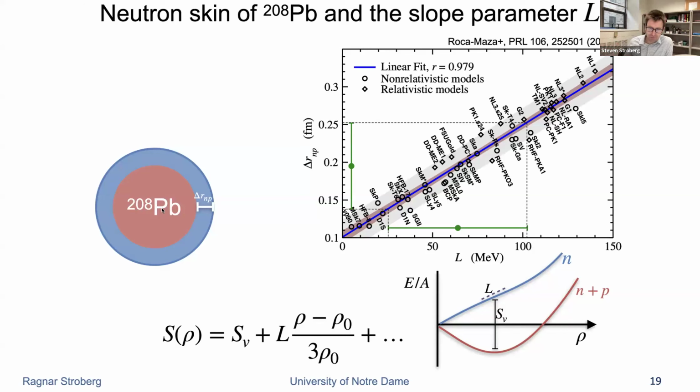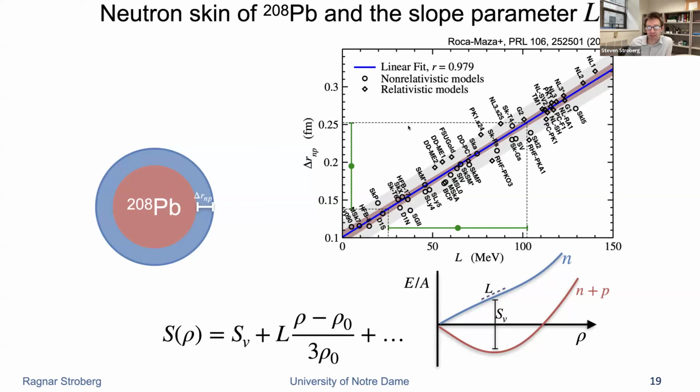And the energy difference will tell you whether the neutrons want to be out here or in here. And especially the density dependence of that will tell you how far out they're willing to go. And if they want to be at a high density or low density area, basically the slope of this symmetry energy will tell how far the neutrons are willing to go out here.